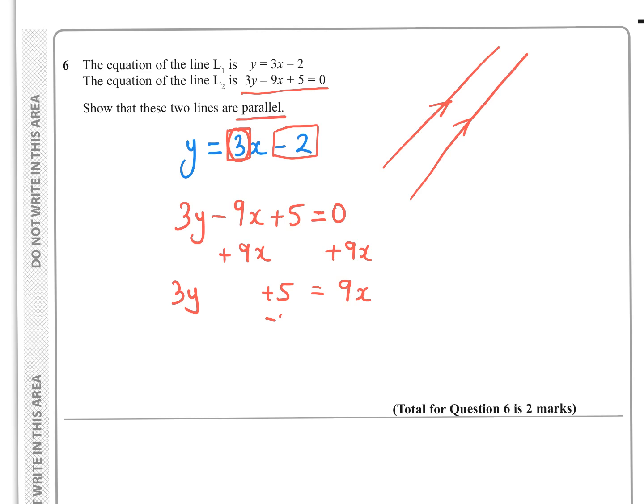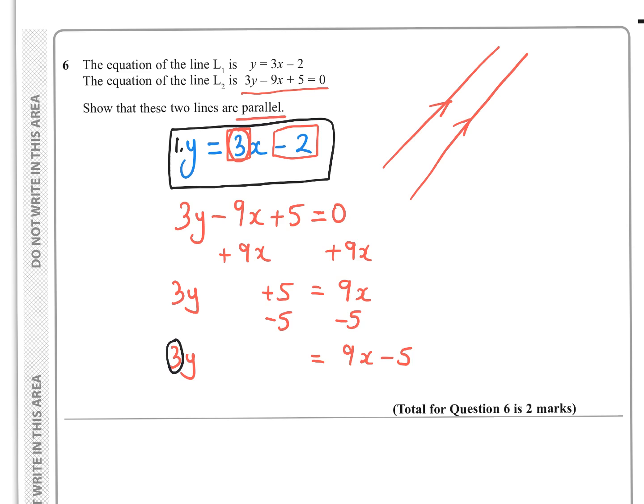We could then take 5 from both sides, and that would give us 3y equals 9x minus 5. Now, we want it in the classic form y equals. So we just want one lot of y, not 3 lots. So we're going to divide both sides by 3.